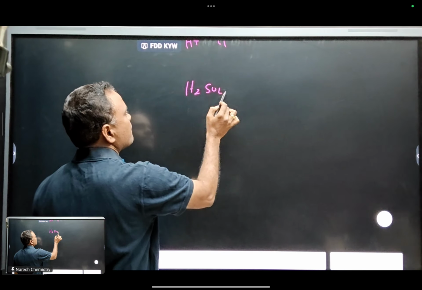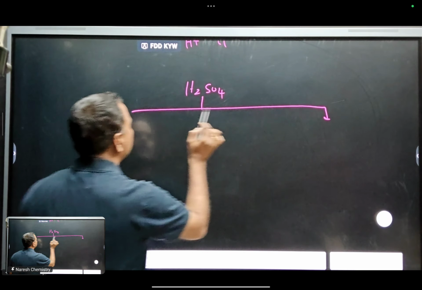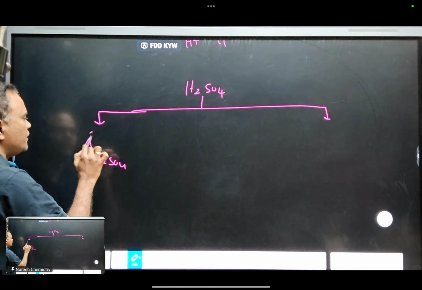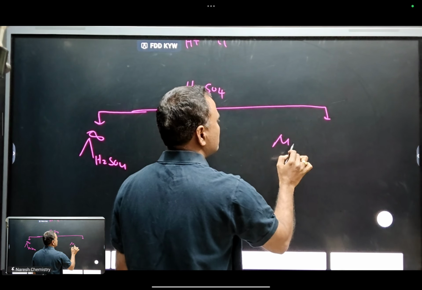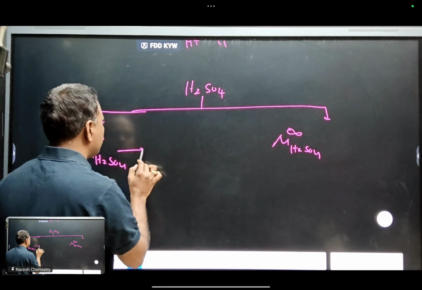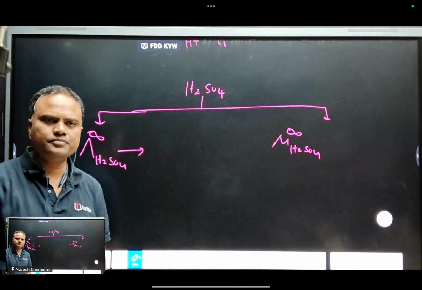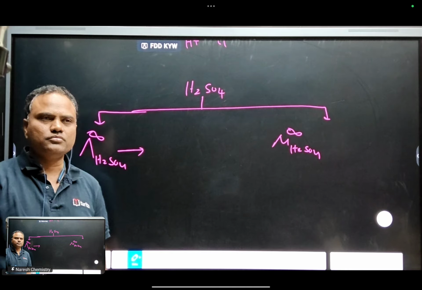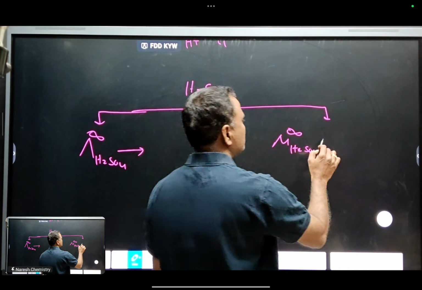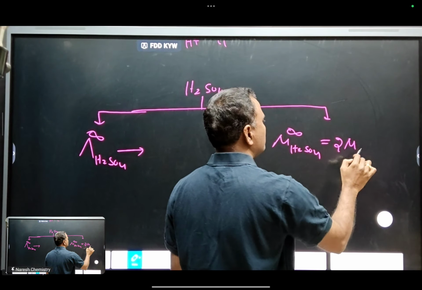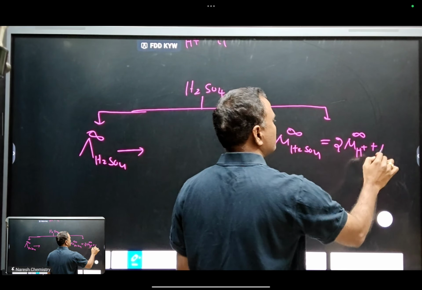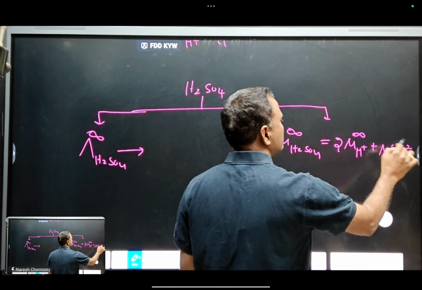Now can you try this? H2SO4. Observe carefully, all of you. Lambda H2SO4 at infinite dilution, mu H2SO4 at infinite dilution. Tell me how H2SO4 dissociates. 2 into mu H plus infinity plus mu SO4 minus 2 infinity.